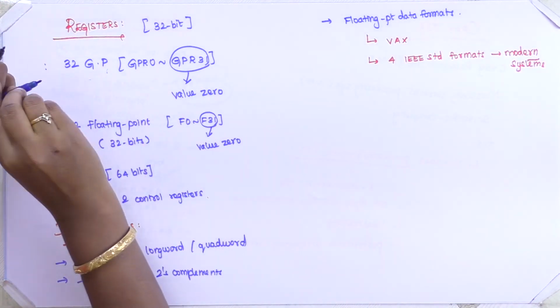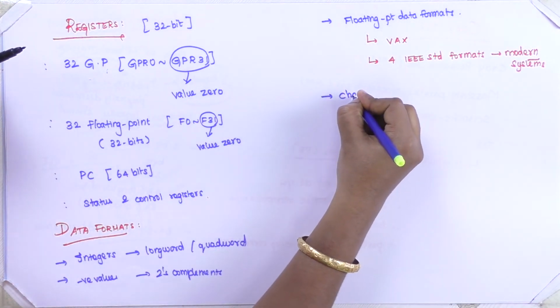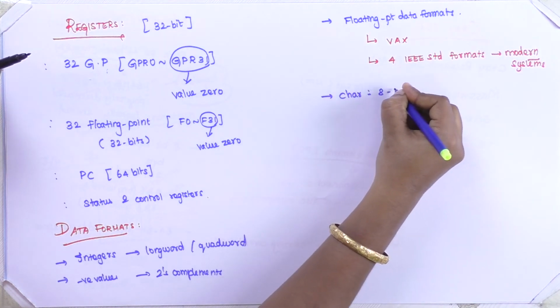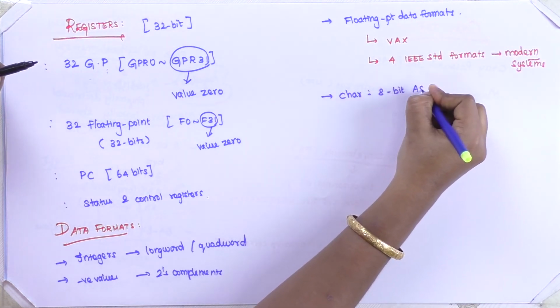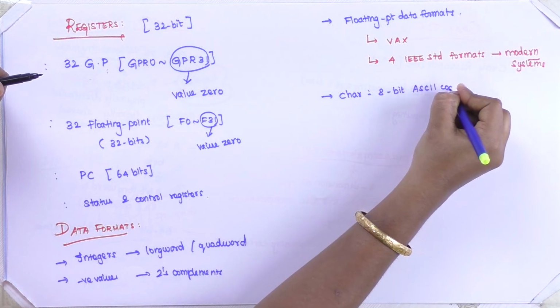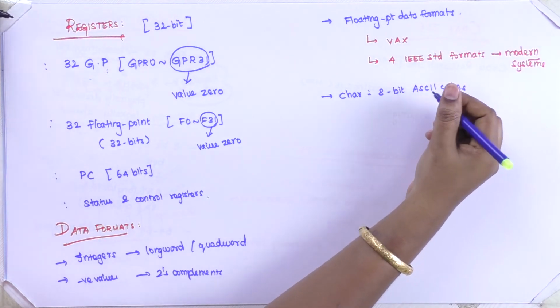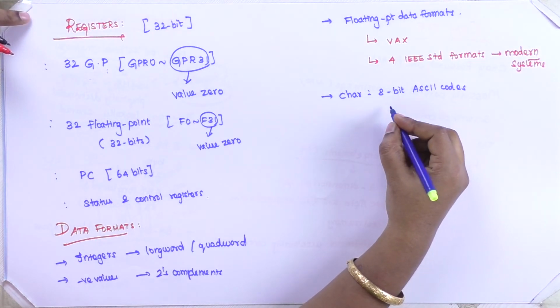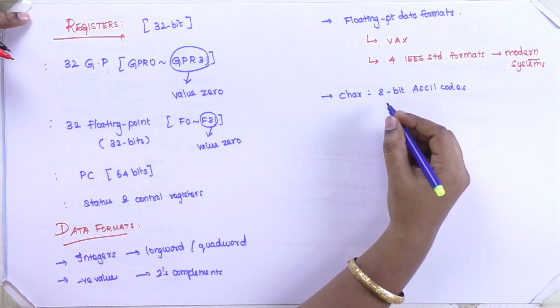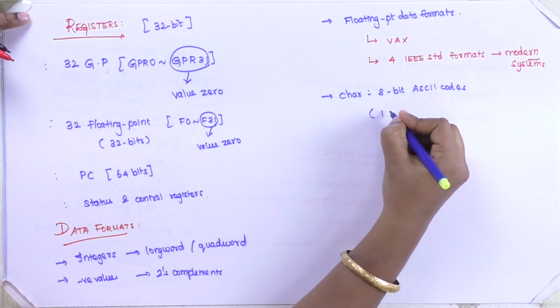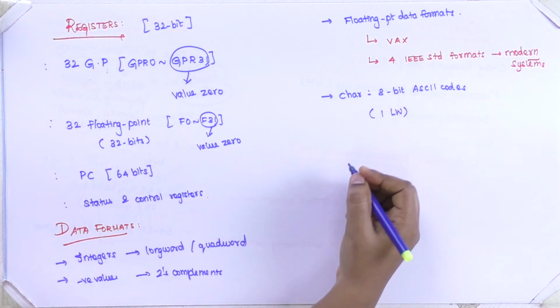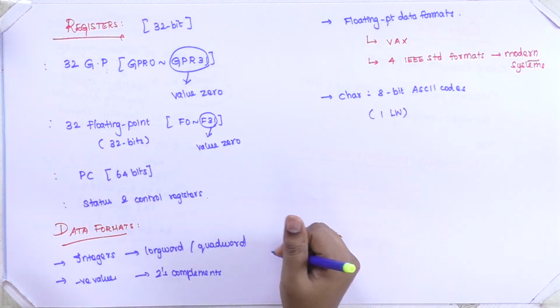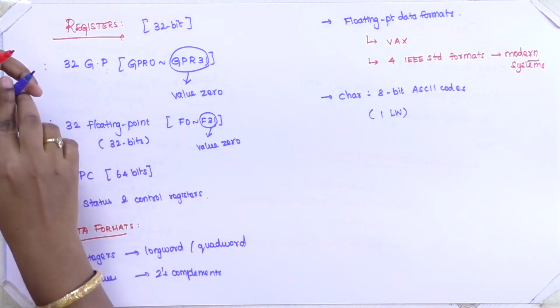Then characters. Characters are stored in 8-bit ASCII codes, that is 1 byte ASCII codes. Since there are no byte load or store instructions, characters that are to be manipulated separately are usually stored in one long word. That is all about the data formats.